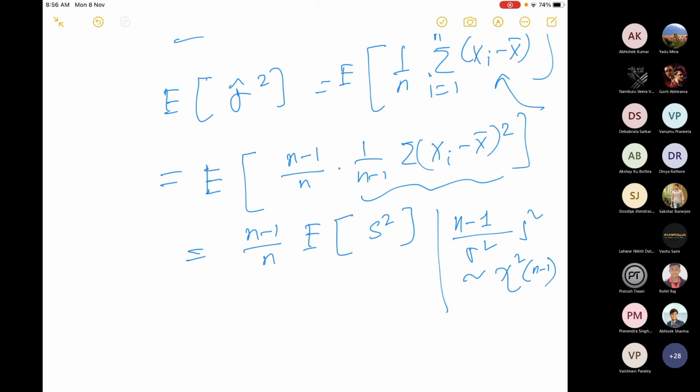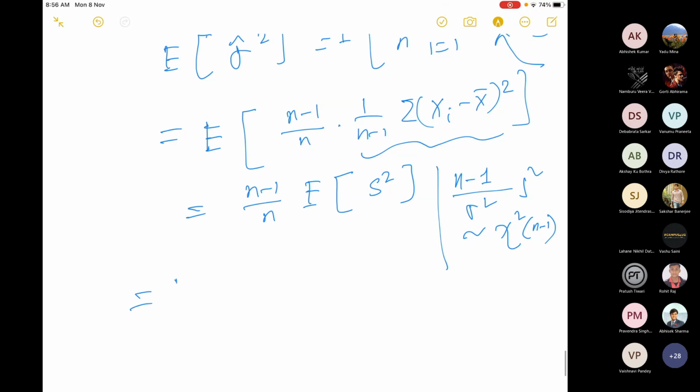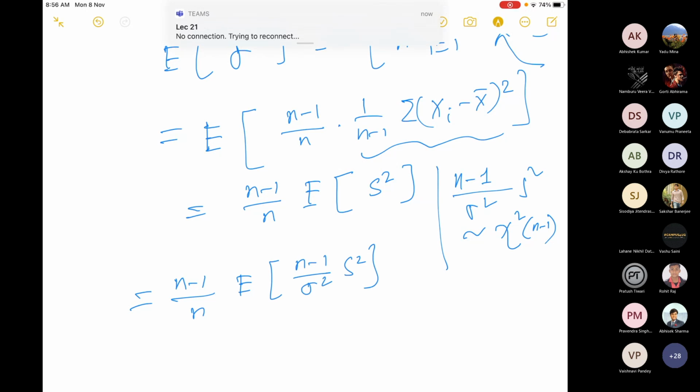So I'm going to use this property here. So this one is n minus 1 by n times E of n minus 1 times s square by sigma square. Then I have to take n minus 1 out, and multiply sigma square here, which is what?